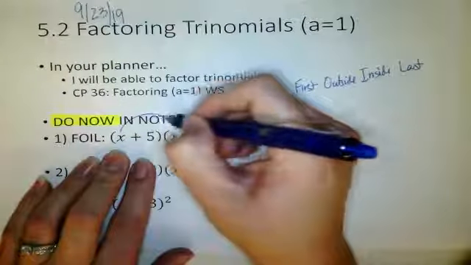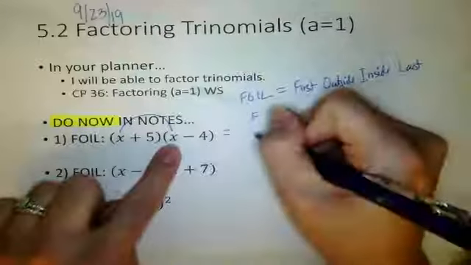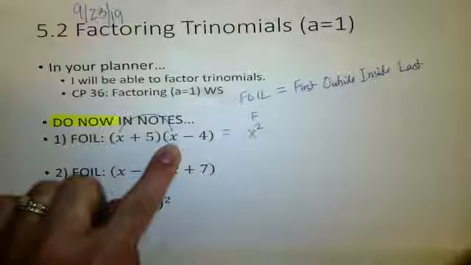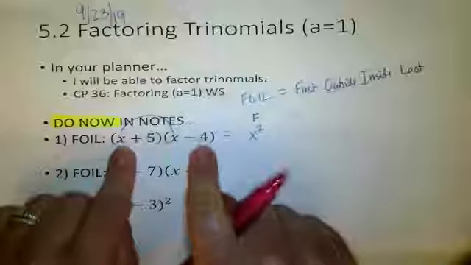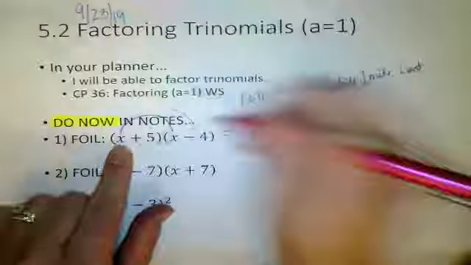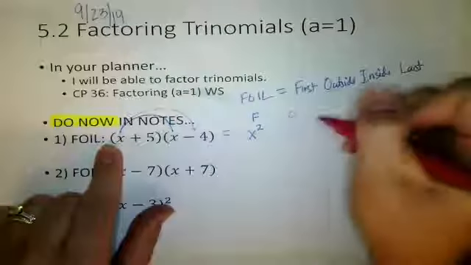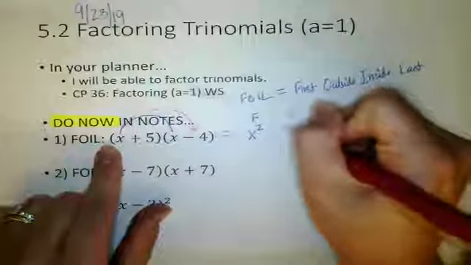And so we do first times first, and we get x times x is x squared. And then we would do the outside, which is the outer pairs, the outer two terms, which would be x times -4. And x times -4 is -4x.